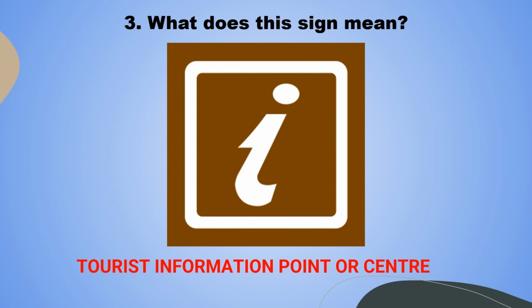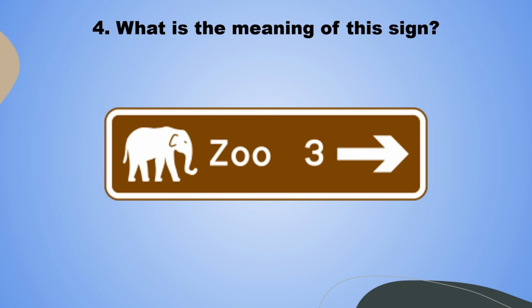I think it's really easy to remember the I in the symbol. So I would stand for information. And I think that you would most likely find these signs in popular areas for tourists, such as central London, and so on.